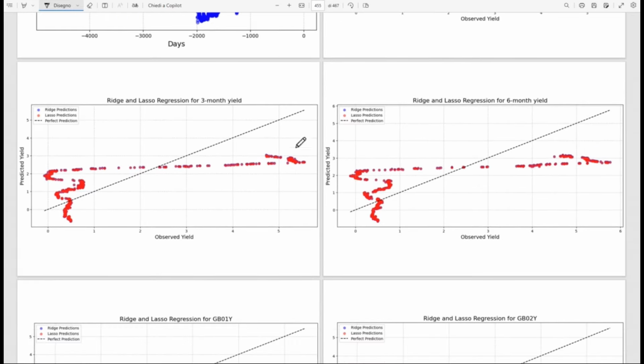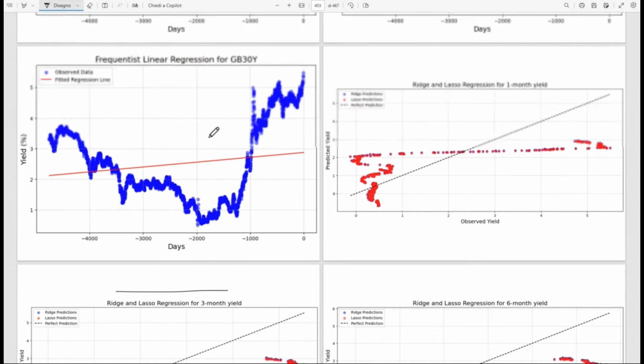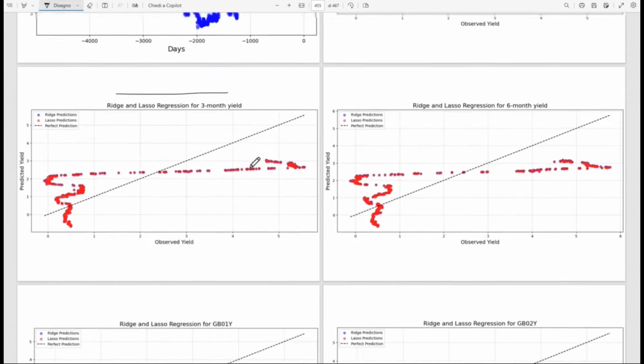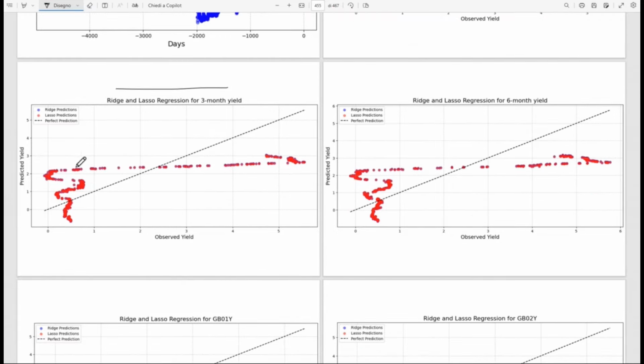So let's take the ridge lasso regression. The ridge lasso regression is a refined model of the normal linear regression. It has this scatter plot, all these points, but the dashed line is where the curve fits the most. So the dots on the dashed line should be taken as a point of reference for what the predicted yield should be.